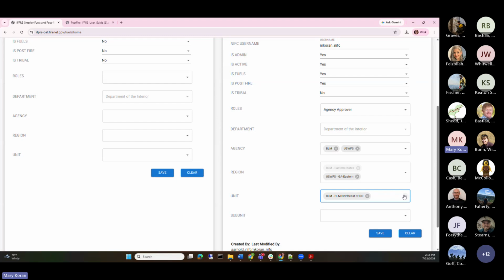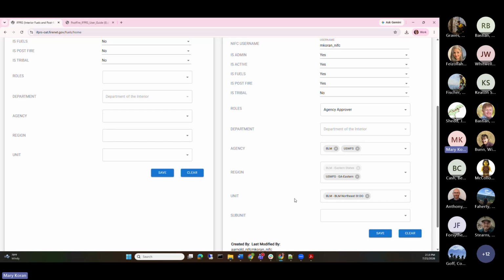But you will see here, I only have the GA Eastern unit here, and at this time, because I don't think we have those subunits identified yet, because we know that there are some units currently that are kind of split between GAs, we have not populated any of that information at this time.